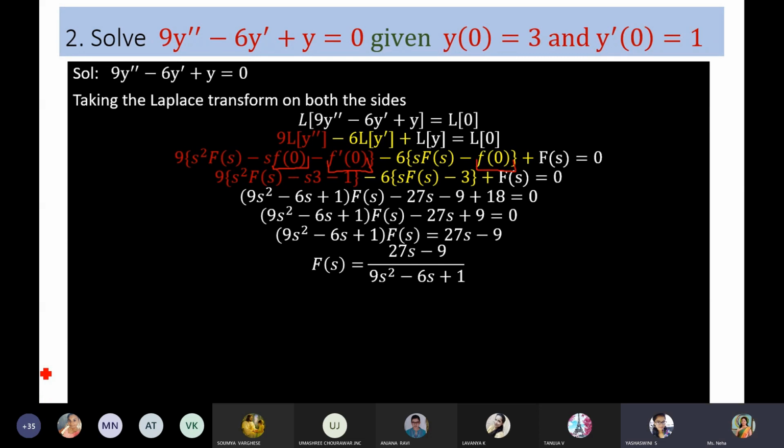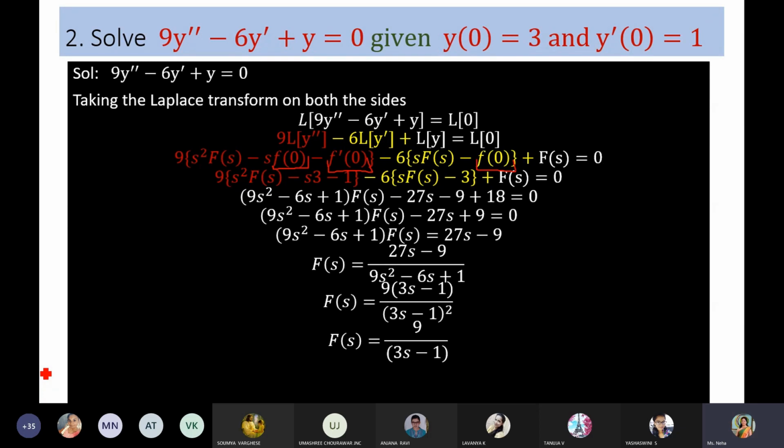Yes, ma'am, taking 9 common. Very good. So numerator we are taking 9 as common, so we'll get 9 into (3s − 1). Denominator is the whole square of (3s − 1). If you split the middle term, then also you will get two factors, (3s − 1) into (3s − 1). One (3s − 1) will get cancelled and you will be having 9 divided by (3s − 1).